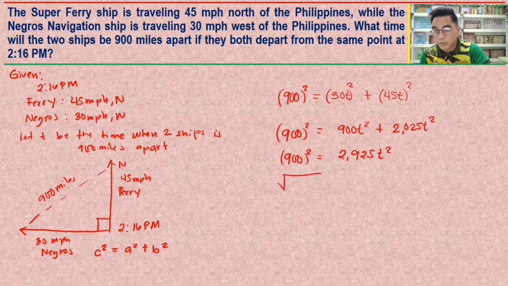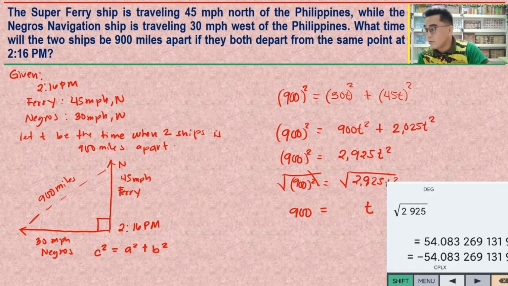So we have the square root of 900 squared equals the square root of 2925 t squared. So they cancel, and we now have 900. Here, t cancels the square of t. Then the square root of 2925 is 54.08, rounded to the nearest hundredths.